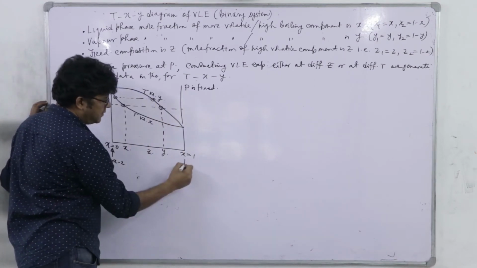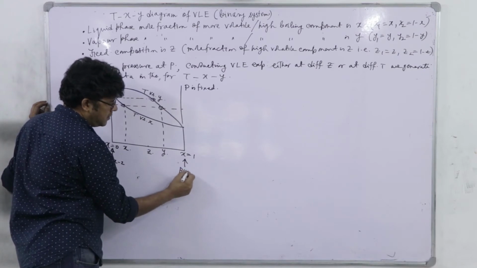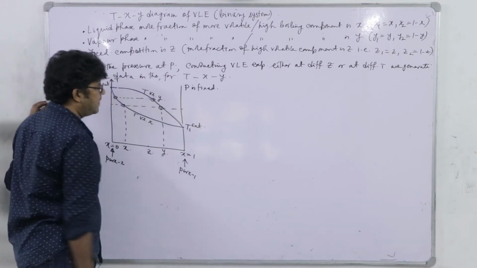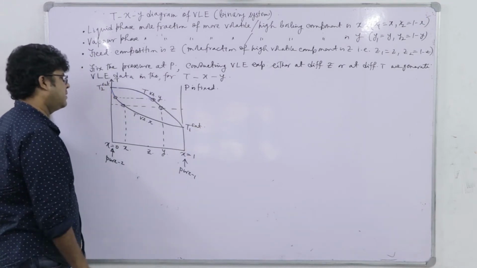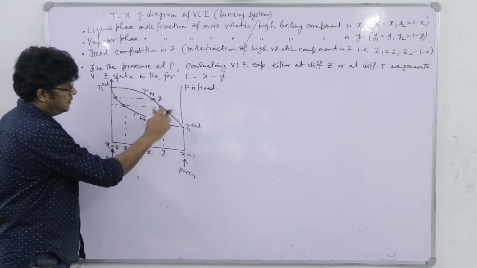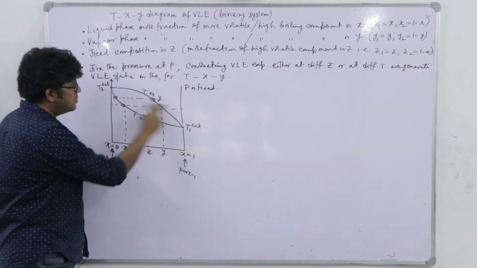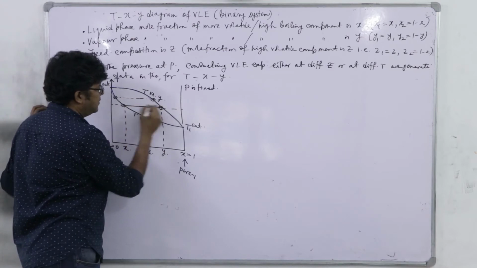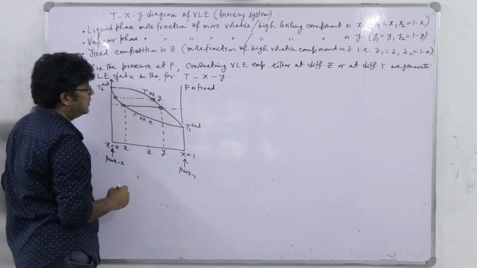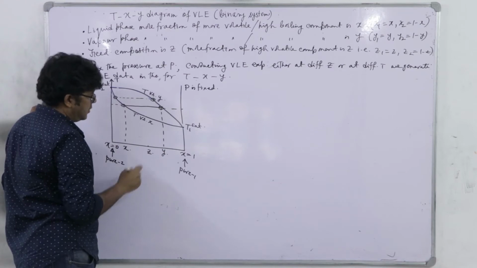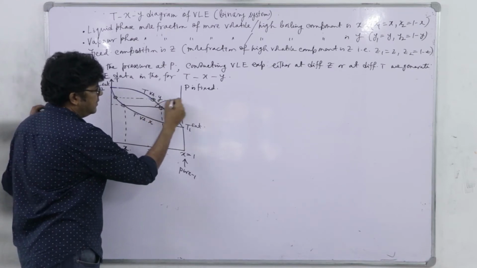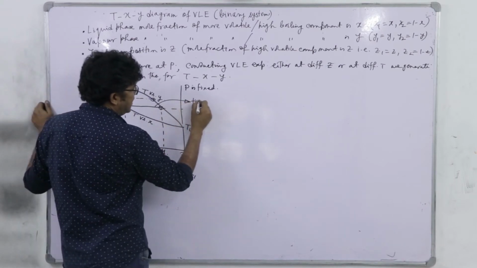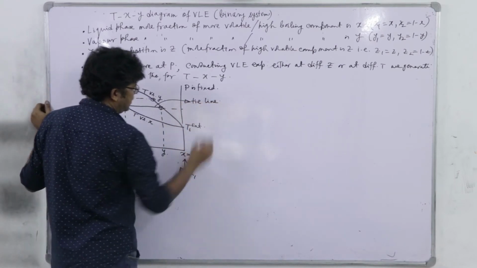And here X equal to 1 means pure 1. So we are getting T1 sat. And intermediately, we are generating these horizontal lines, and this horizontal line, you see, connects the two phase compositions in equilibrium, and is called the tie line, right.